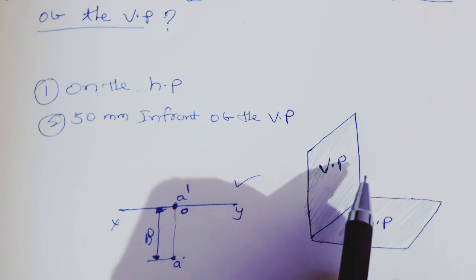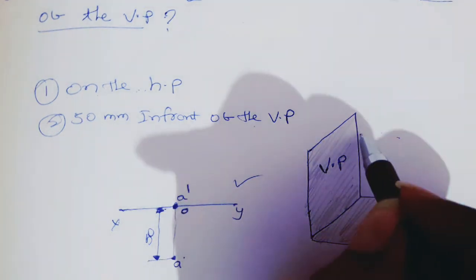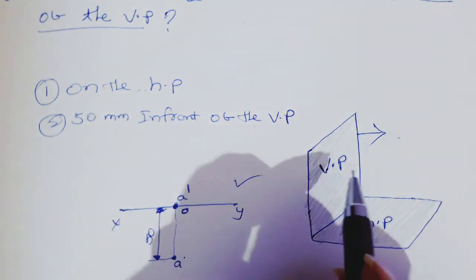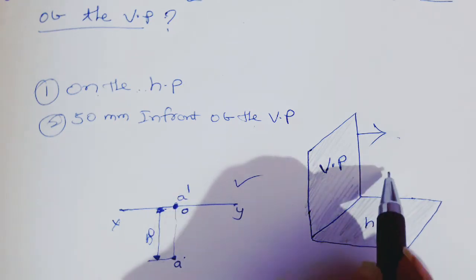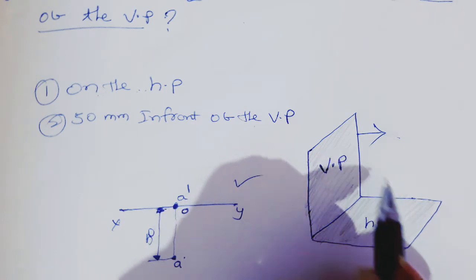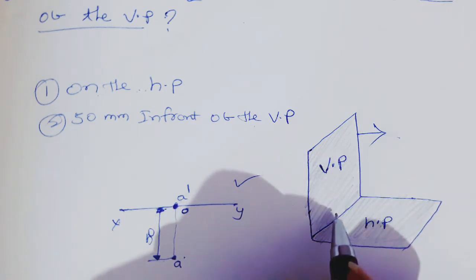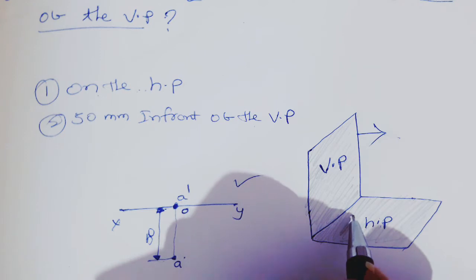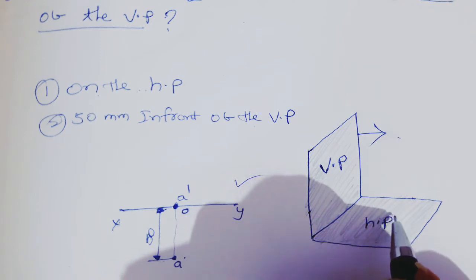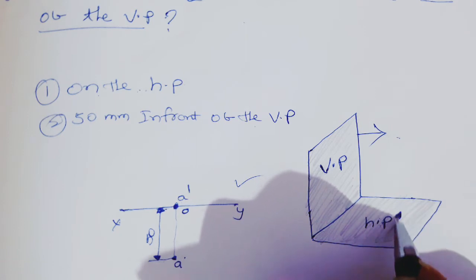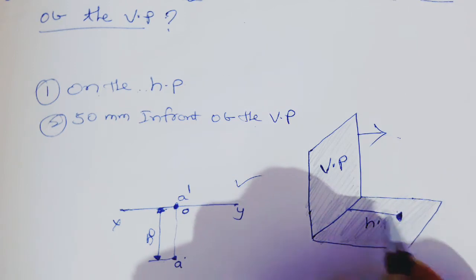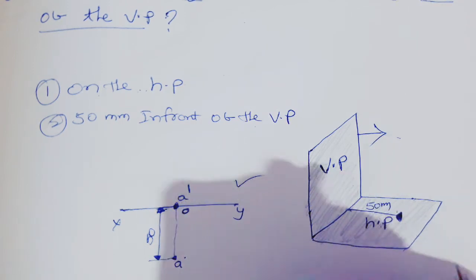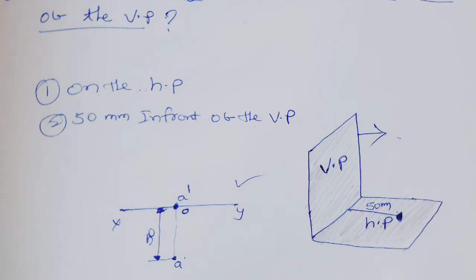Okay, 50 mm, and it is lying on the HP. See, from here to here in front, it is lying on the HP up to a distance of 50. This one.